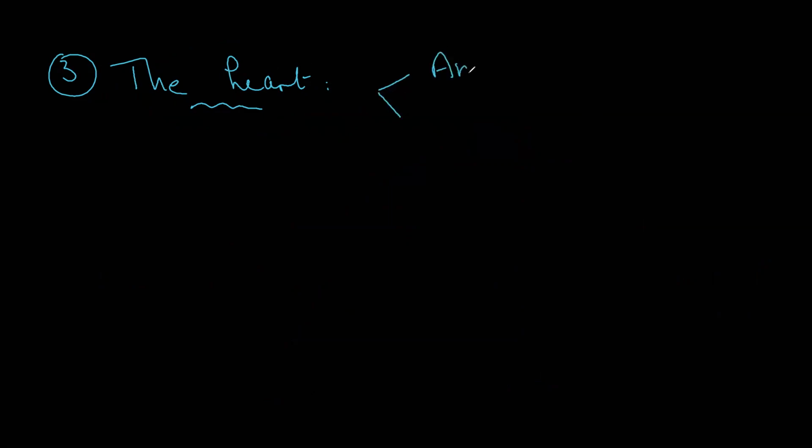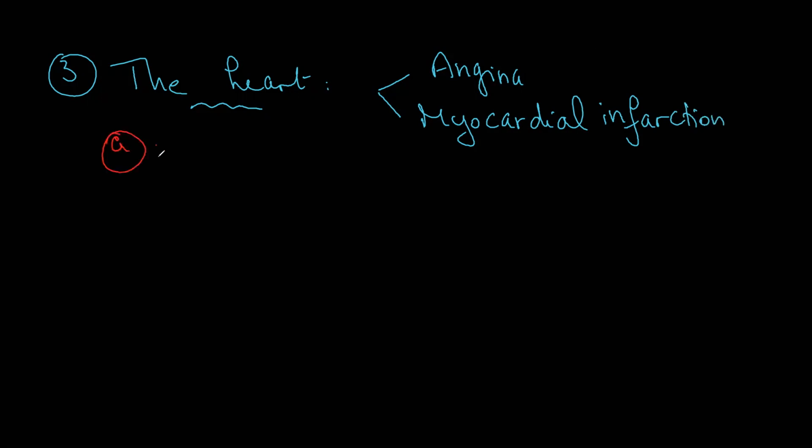One of them is called angina, and the other one is called myocardial infarction. So what's this and what's that? Let me begin with angina. Actually, it's called angina pectoris, but your books always write angina only, so we are following the books, of course.